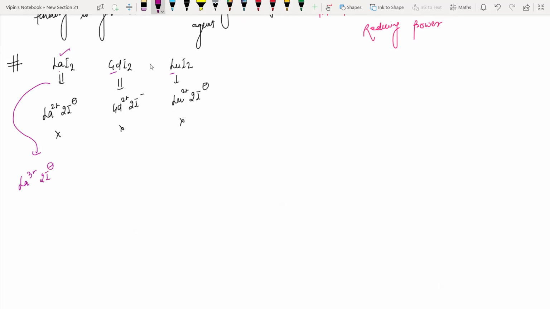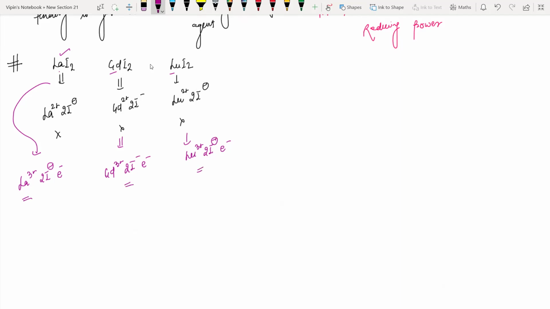Two electrons of lanthanum are taken by iodine to get converted into iodide ions. The one electron remains free. Similarly, in case of gadolinium, it is Gd3+, 2I-, and a free electron. Similarly, in case of lutetium, it is Lu3+, 2I-, and a free electron. So for compounds like LaI2, GdI2, LuI2, the actual arrangement of ions is like this.